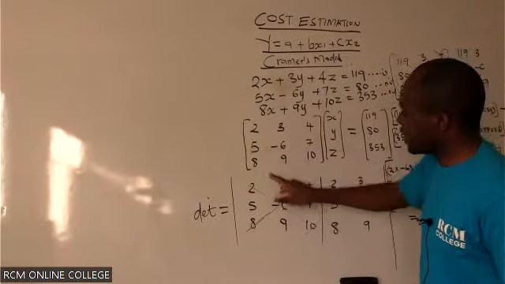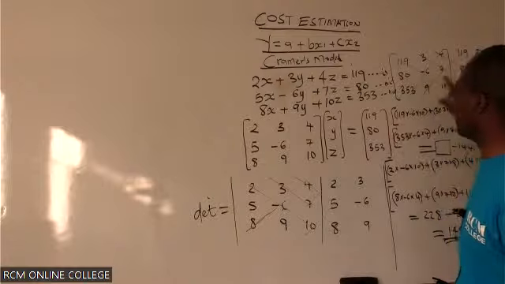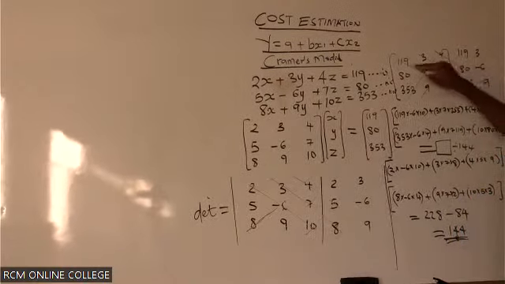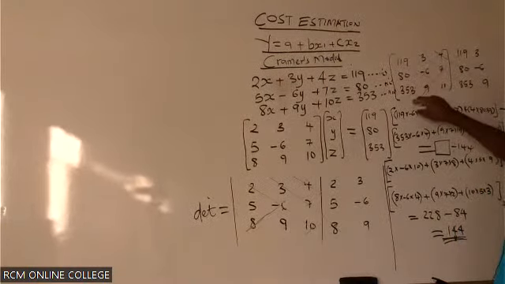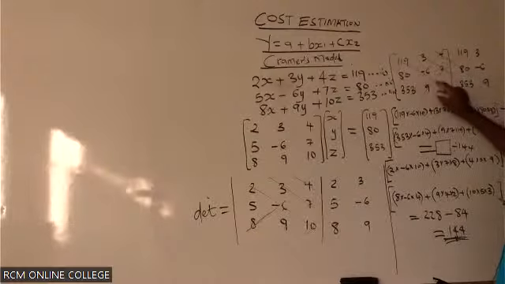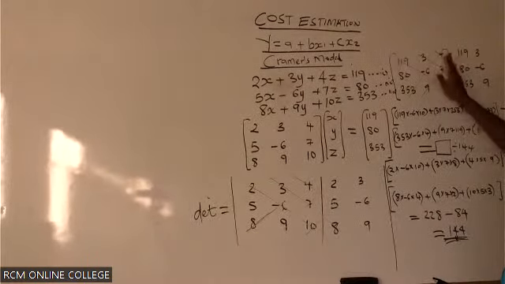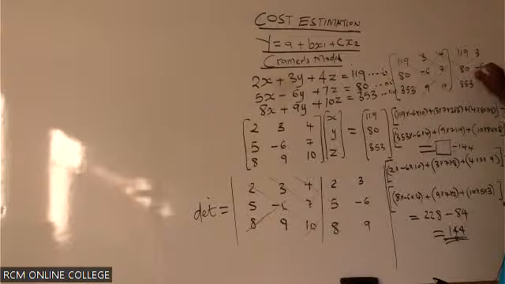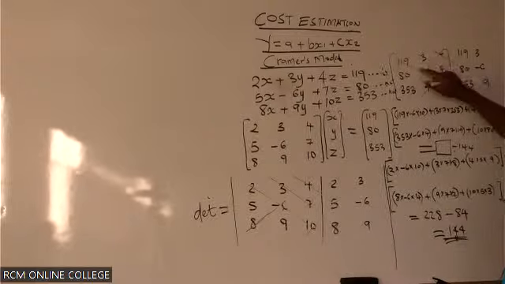Then I extract the first 2 to be outside, which I've done here: 19, 80, 353, then 3, negative 6, negative 9. I extract the first 2 to be outside here. Then I cross multiply.